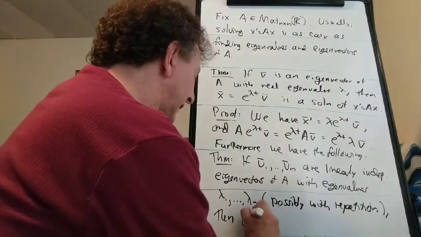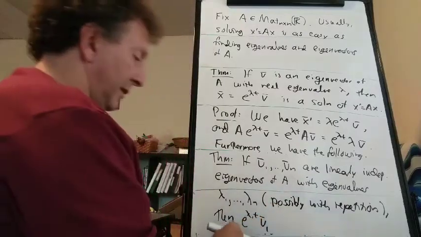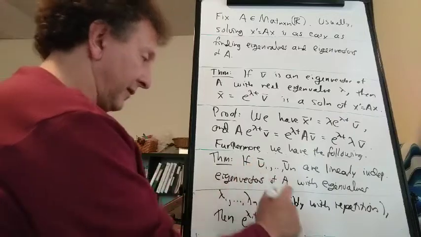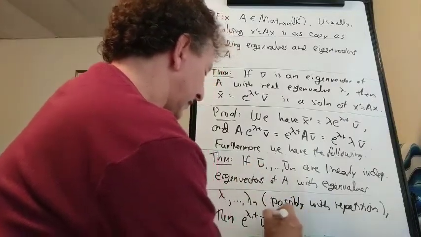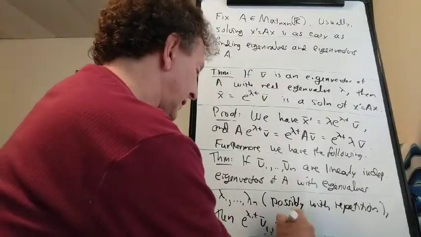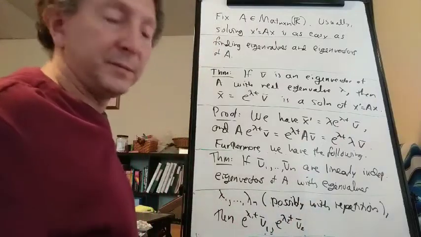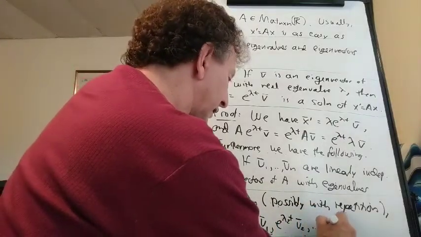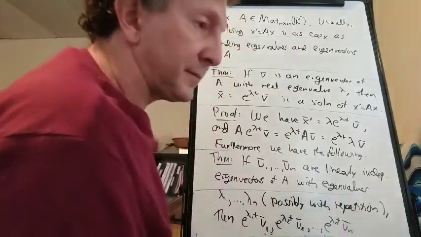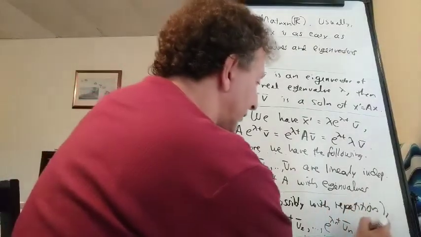Then e to the lambda 1 t v1, so exponential of the first eigenvalue t times the first eigenvector, etc. I'll write out one more: e to the lambda 2 t v2, etc., up to e to the lambda n t vn are linearly independent solutions.